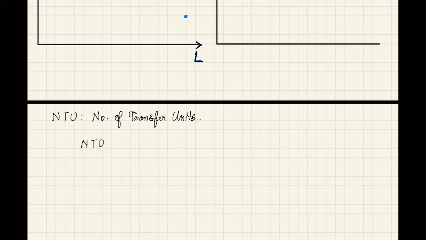NTU is given by UA divided by C min, where C min is the MCP minimum value. This is a definition, that's it. Nothing big, nothing difficult. It's simply a definition. Is this clear? It is just a definition and nothing more.